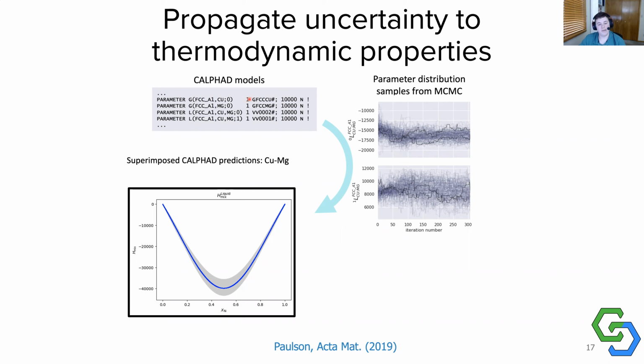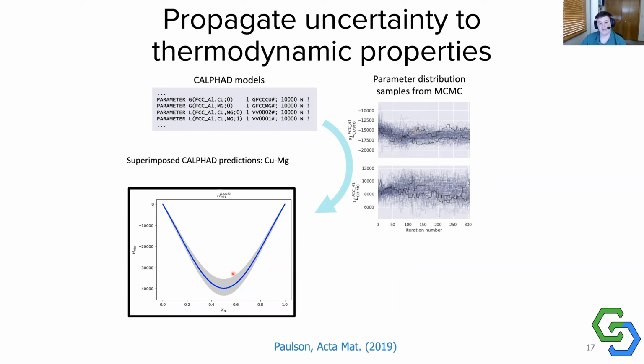And so we've taken these parameters, and now we've sampled and converged around parameter space for them. And so to quantify the uncertainty and propagate it, all we have to do is plug in parameters from Markov chains into PyCalPhad, into our TDB, and then do the forward simulation to compute any observable of interest. And then we can put error bars on that property.